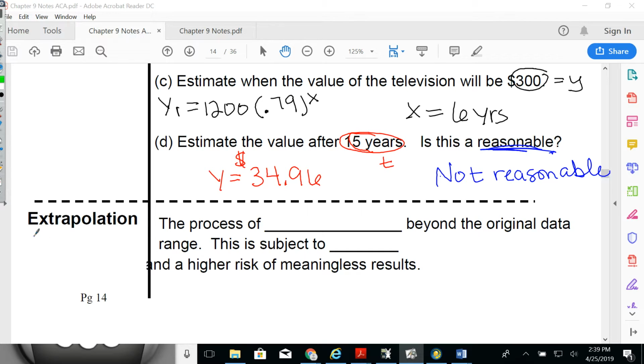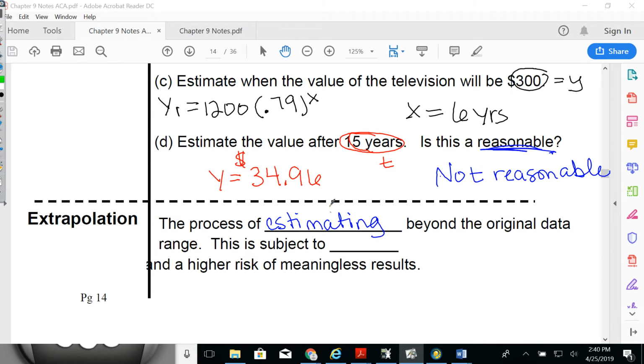So we call this extrapolation. Extrapolation is the process of estimating beyond the original data range. Usually with these exponentials, going up to 10 years is getting pretty unreasonable. Sometimes it'll be okay, but usually we don't go that far. We don't go to 15 because then we get these prices that really don't mean anything.